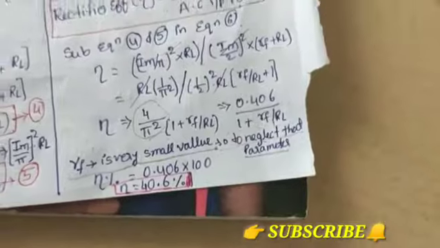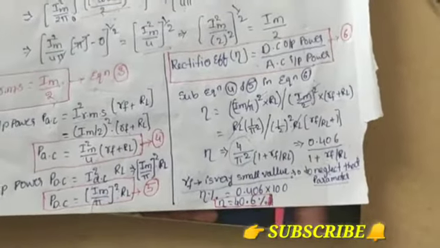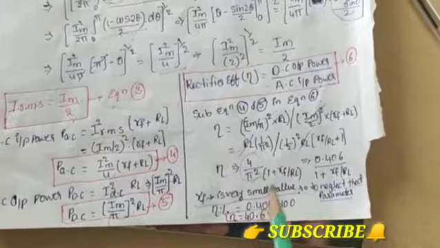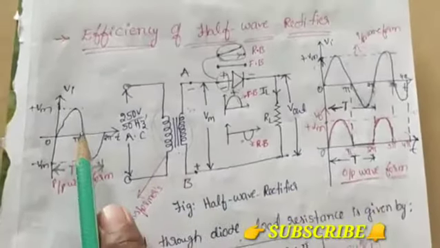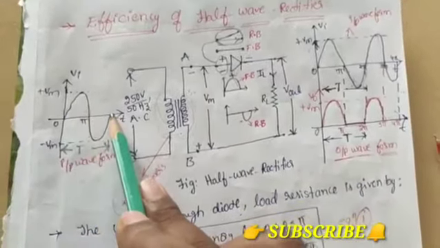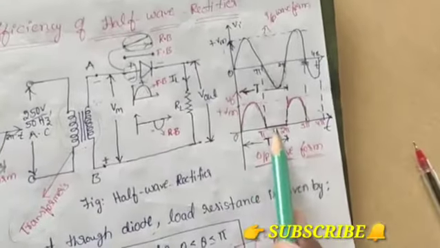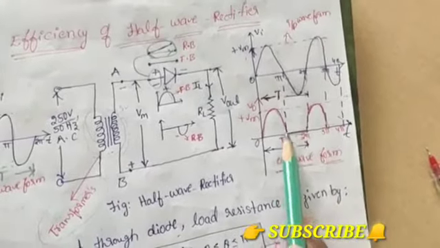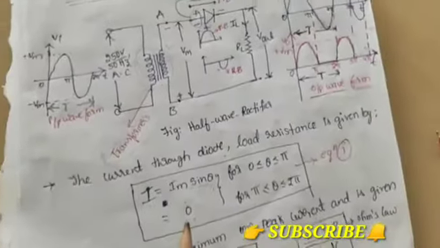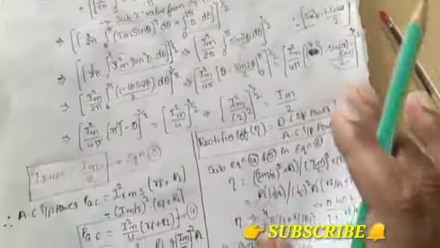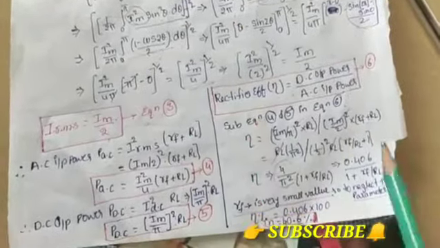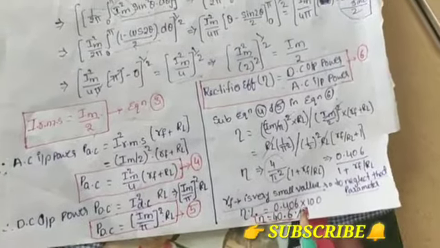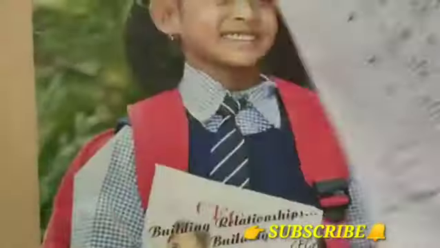So this is the half wave rectifier efficiency. Efficiency η is equal to 40.6 percent, meaning we get half of the wave when applying the input signal. We apply the total signal, but we get only half of the signal at the output. After simplifying the entire equations, finally we get 40.6, which means only half of the wave is obtained as the output signal.